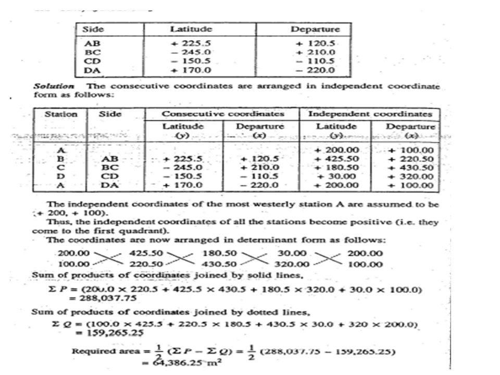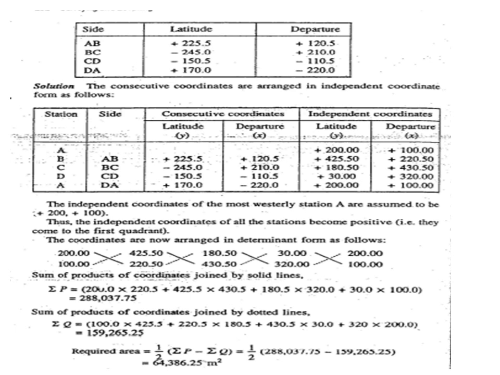So we are going to consider the consecutive coordinates in front of AB. So they are 225.5 and 120.5. And accordingly at C we are going to write the side BC, and we are going to take the latitude and departure values, that is, the values of consecutive coordinates, in the respective columns. Similarly for CD and similarly for DA.